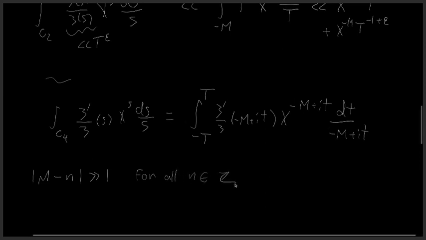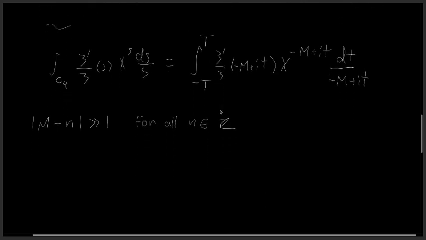We can imagine, for example, that the distance from m to the nearest integer is at most 1 over 2023, whatever you like. And what that means is that as we integrate along this vertical line, we're not going to cross any of the trivial zeros of the Riemann zeta function. And that means that we can, again, just invoke our bound that this thing here is T to the epsilon.